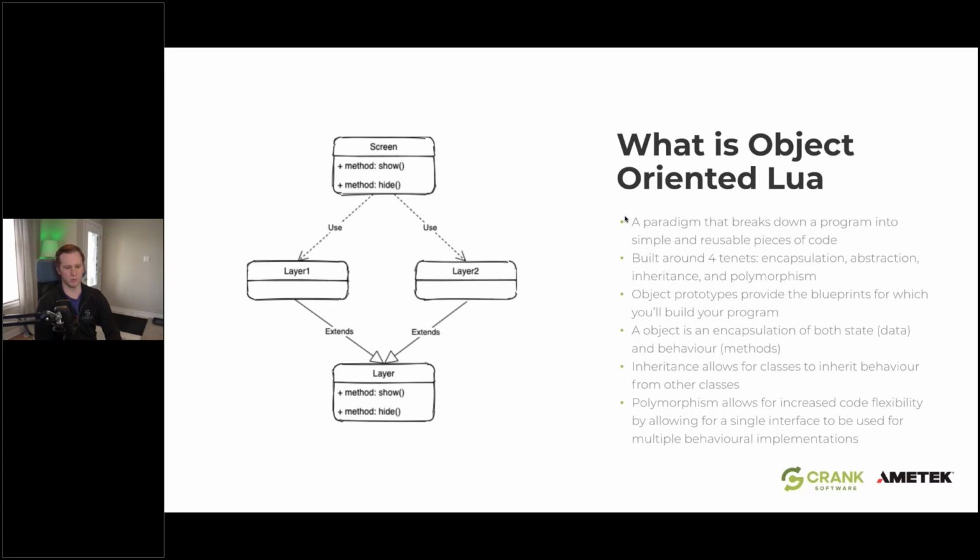Beyond that, we can make use of a few features that Lua has to allow it to inherit methods from other modules. And then finally, I'll show you how you can override module functions to give you your polymorphic behavior. That way you can have multiple module types work with the same interface.